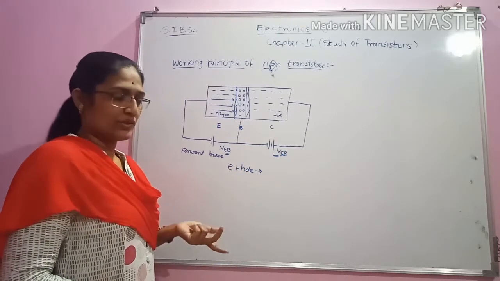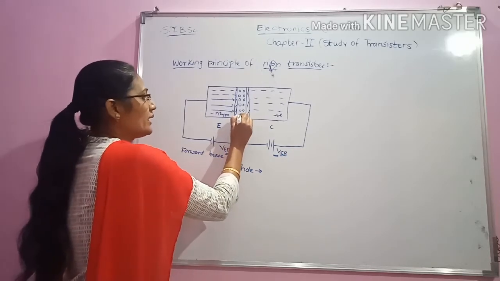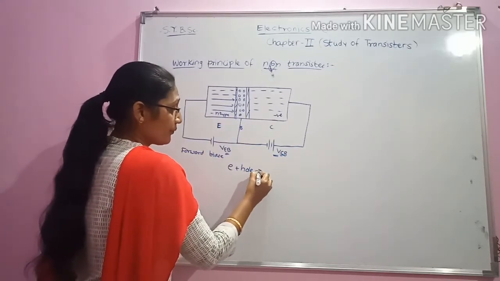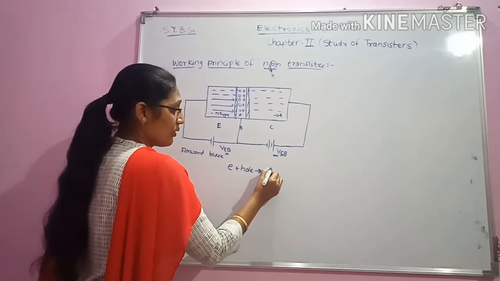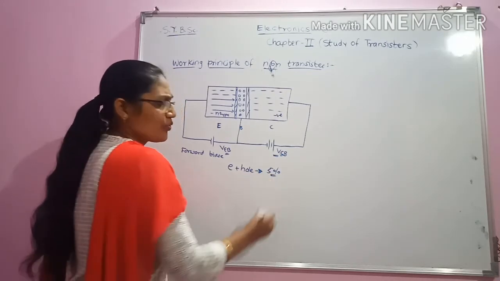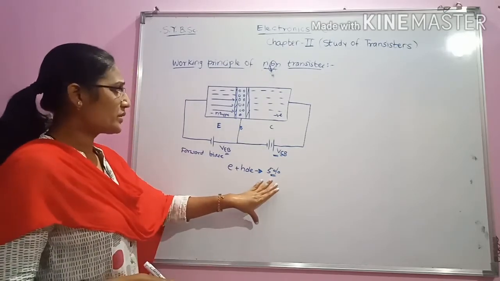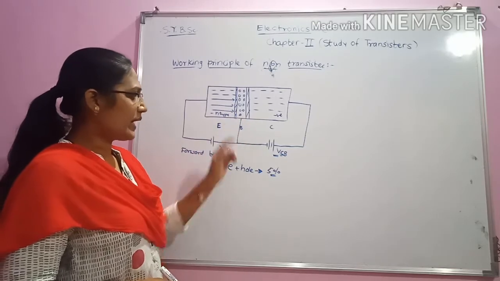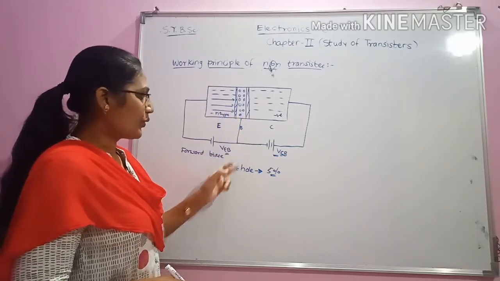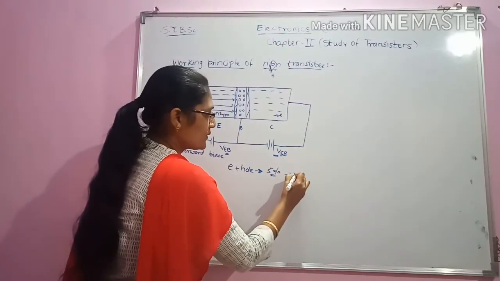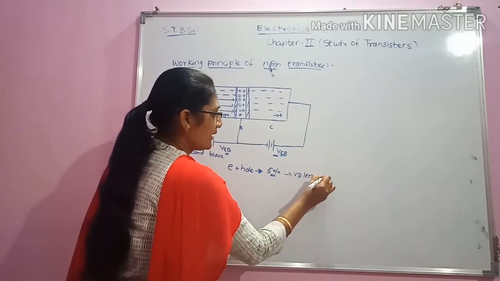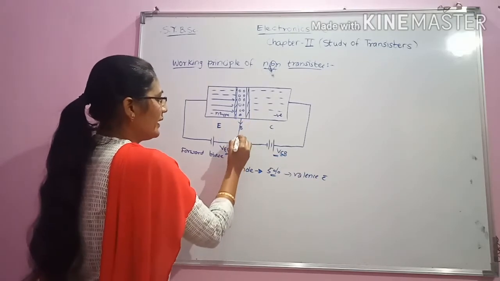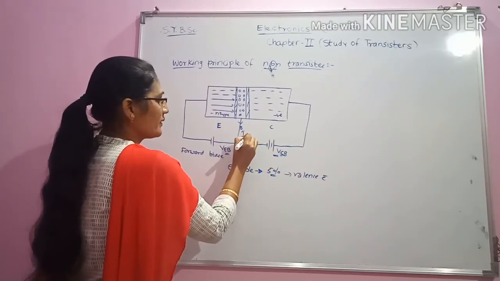During our last lecture, I have told you that in case of the electron hole recombination, the percentage of recombination is about 5%. Therefore, 5% of the electrons coming from the emitter will get utilized here and they will contribute the valence electrons and they will create a current and it is called as base current.